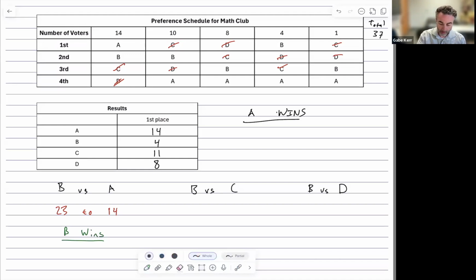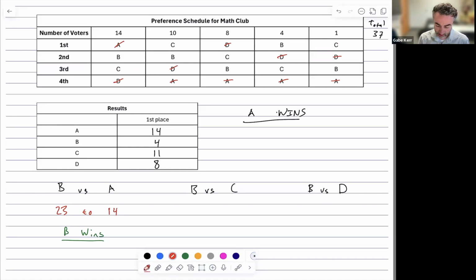Okay, what about if we do the head-to-head matchup of B versus C? All right, for that, we need to eliminate A and D. We will do that. We'll get rid of A and D, and we'll see which ones B is winning.